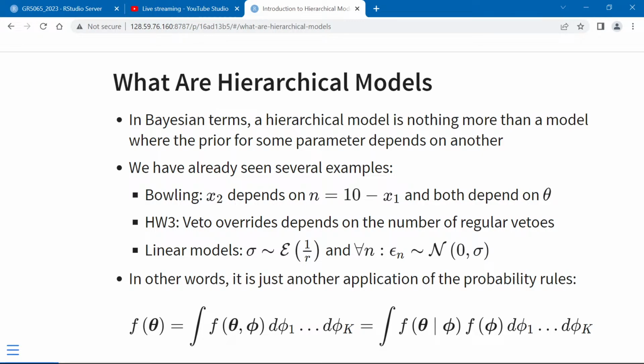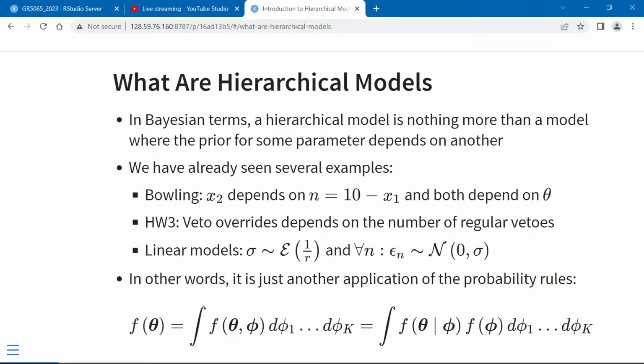So the distribution for x2 depends on x1, and if the frame hasn't happened yet, then x1 is a random variable. Obviously, both of those are dependent on what we call theta, the ability of the bowler. So you get x1 given theta, and then x2 given 10 minus x1 and theta. That would be considered hierarchical data. Now we're just going to do it with hierarchical parameters in a hierarchical model.